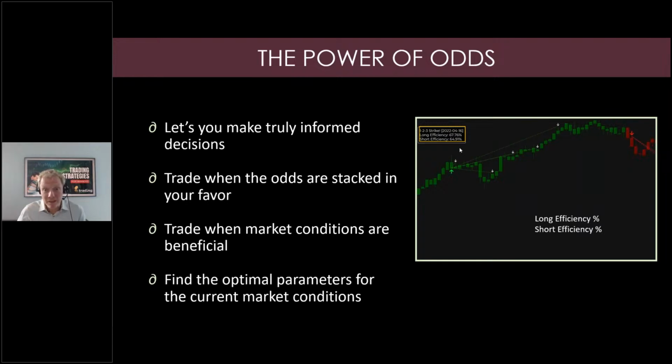And there's one more thing which became possible by knowing what these predicted odds are. We could actually see what the optimal parameters might be for an indicator. As you may know, every indicator pretty much out there comes with settings and parameters. And you can change them, you can tweak them, you can modify them, and they will change the sequence on the chart. But of course, oftentimes this is guesswork.